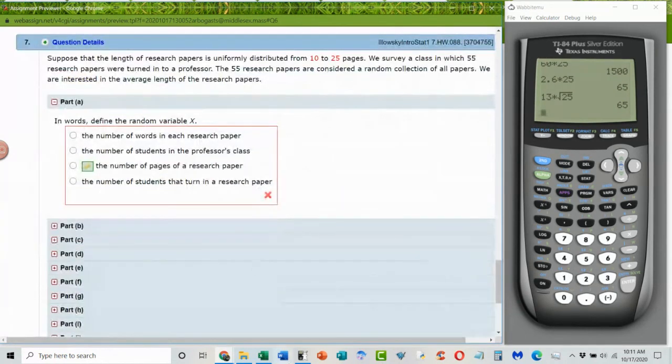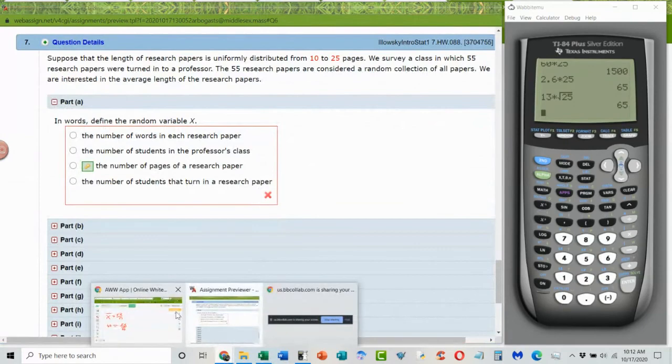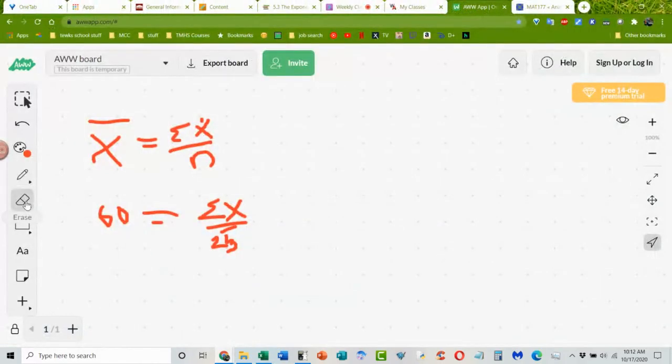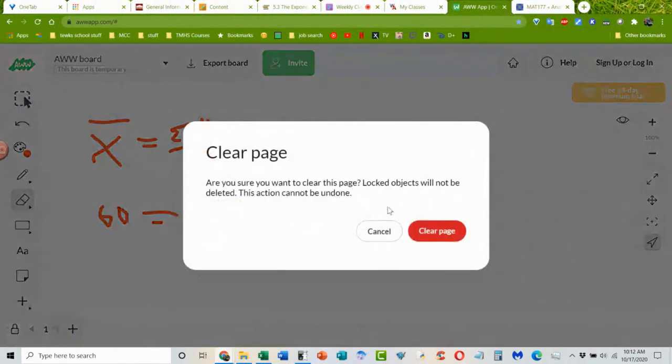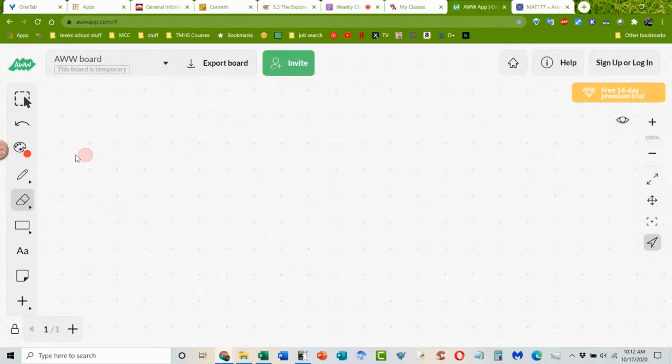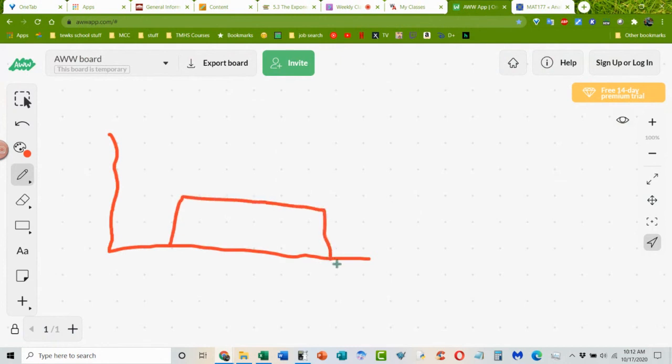The last one, again, is a different distribution. They're telling us that it's a uniform distribution, which means it makes a rectangle. Okay, and the area under this rectangle is 1, where the height is the probability.